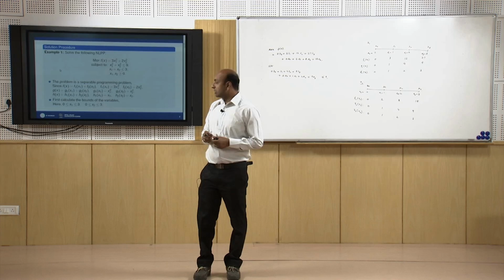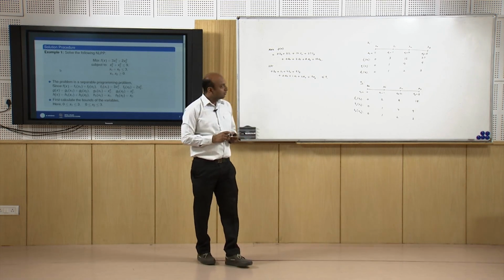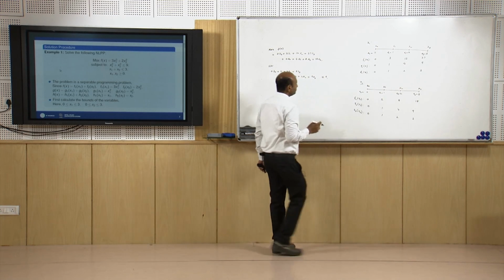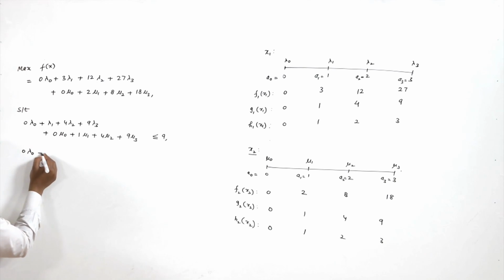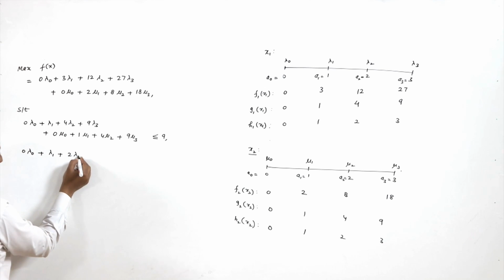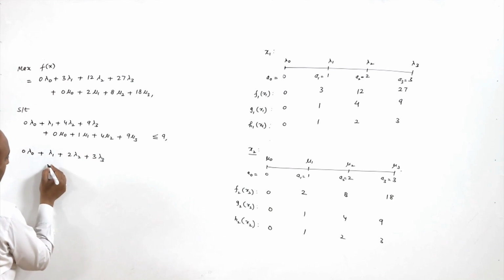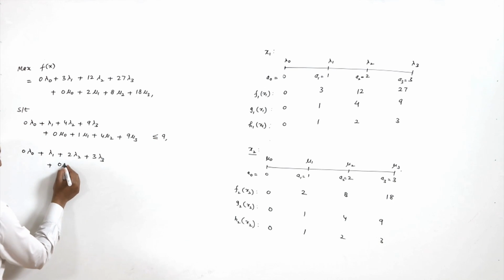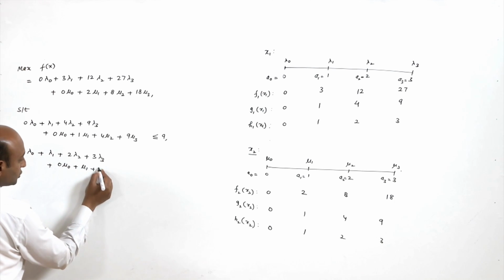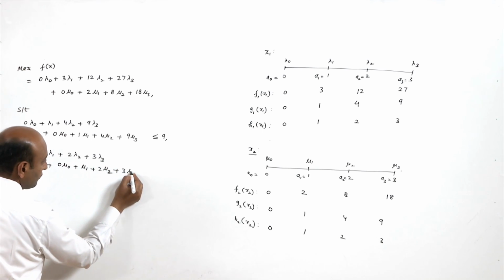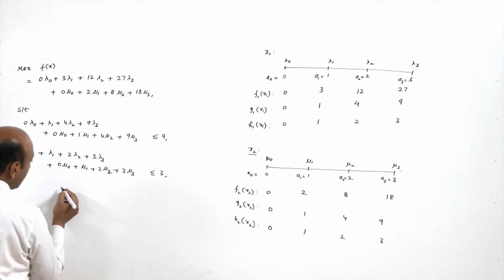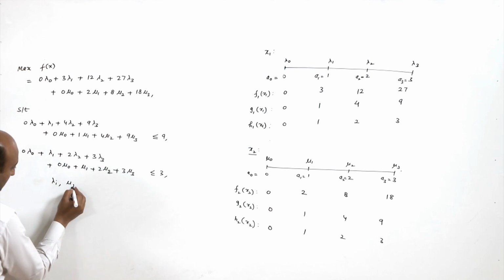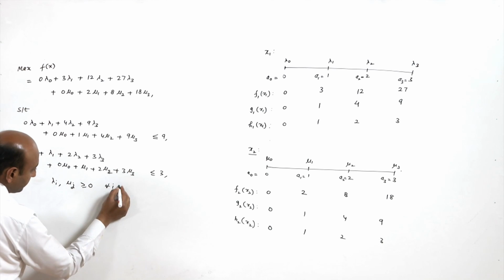Now, x1 plus x2 less than equal to 3, the second constraint. So, what is the linear approximation of x1? It is 0 into lambda naught plus lambda 1 plus 2 lambda 2 plus 3 lambda 3 plus, and corresponding to x2, it is again 0 into mu naught plus 1 into mu 1 plus 2 into mu 2 and so on, less than equal to 3, and all lambda i's and mu j's must be greater than equal to 0 for all i and j.